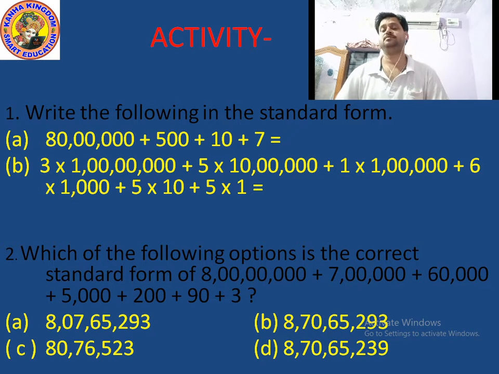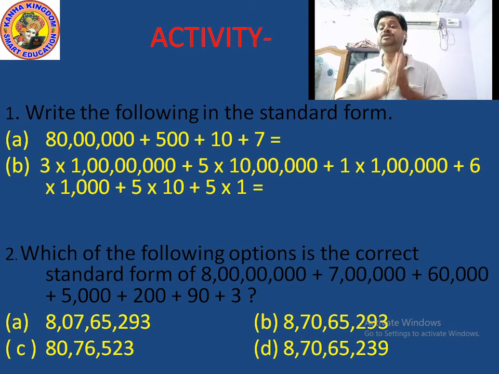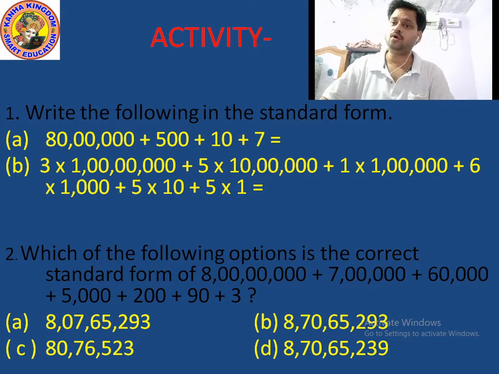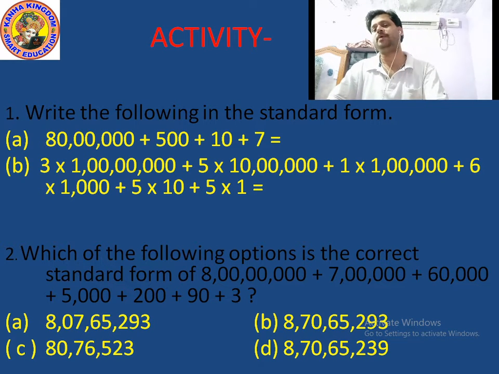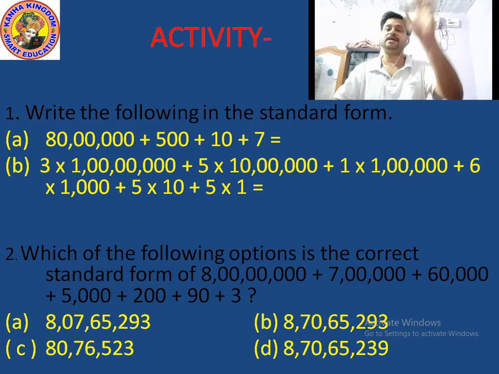First see, the first number is, sorry, not 8, 80,00,000, means 2 commas, and after the second comma 2 digits. And you all know when 2 commas are in a number, it means 3 periods, and the third period is the lakhs period.